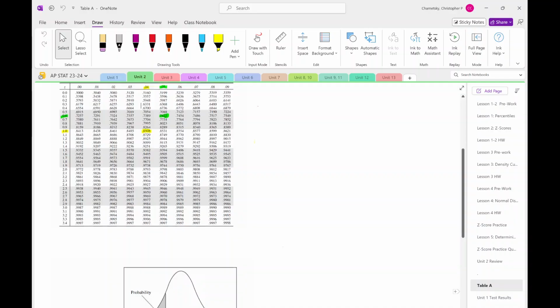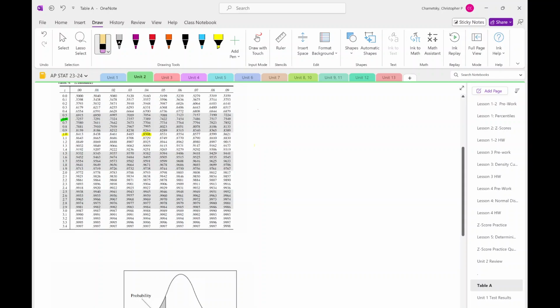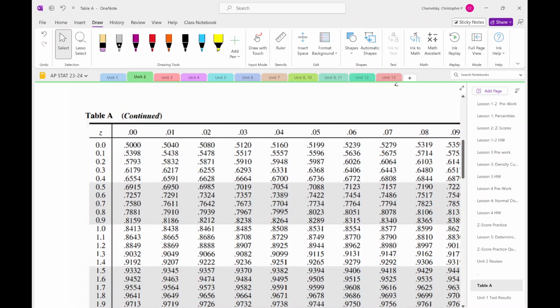So if we look at z-score 0.672, so here's 0.6, and then 0.67 is right here, and we're getting about 0.75, okay, somewhere around there. So it seems like the opposite of that.